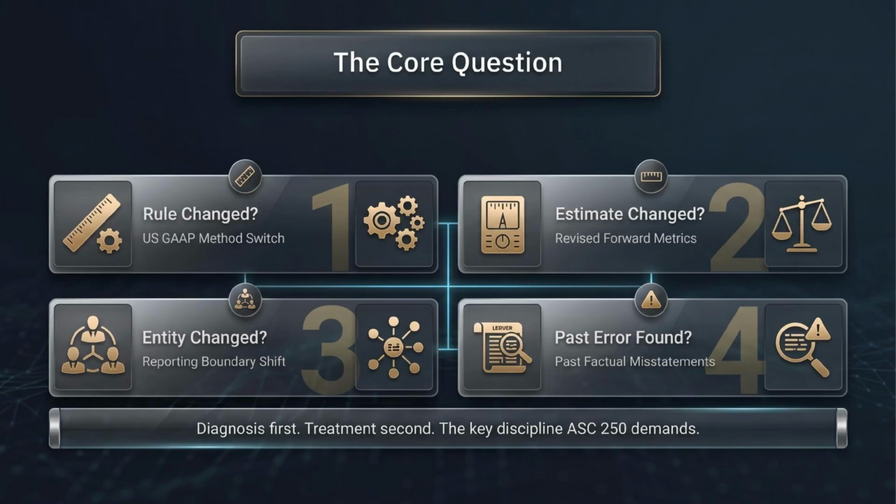Did the company switch from one acceptable, generally accepted accounting principles method to another? Did new information revise a forward looking estimate? Did the reporting boundary change, such as moving from separate statements to consolidated statements? Or did the company discover that earlier facts were misused or ignored? That diagnosis controls everything that follows.